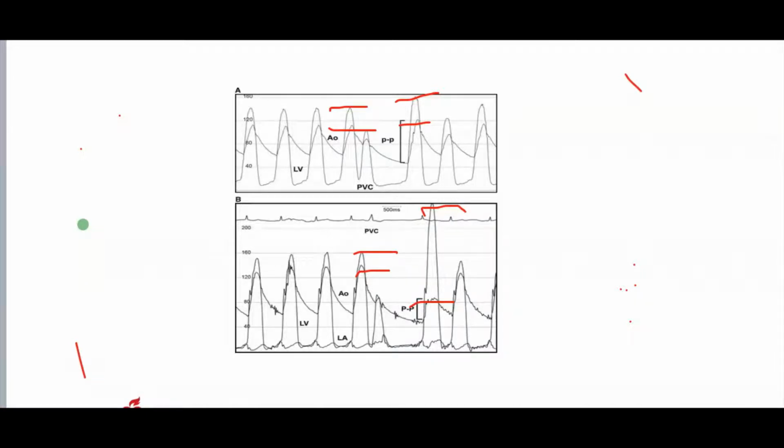Increasing contractility will increase the flow and will increase the gradient across the stenotic aortic valve. And here what we see, the gradient has increased after the PVC. So in both conditions, fixed or dynamic, we have an increase in gradient post-PVC.